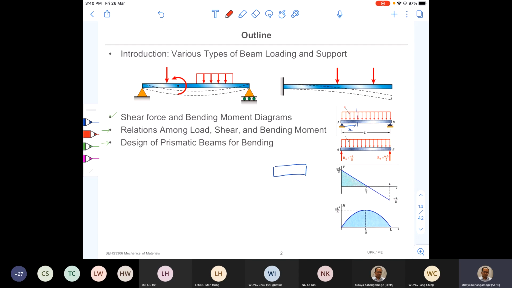And then we mark our external reactive forces and external active forces. Right? So in this case, it's a distributed load like this. And then the reactive force is the reaction force at the support. Right?